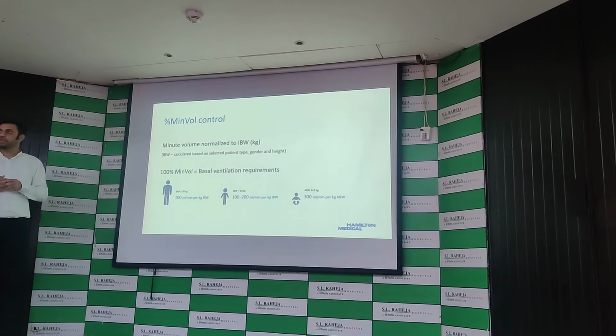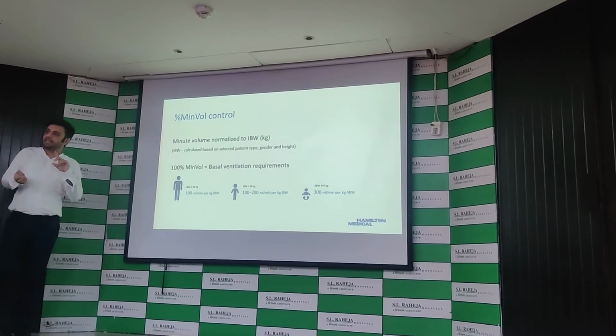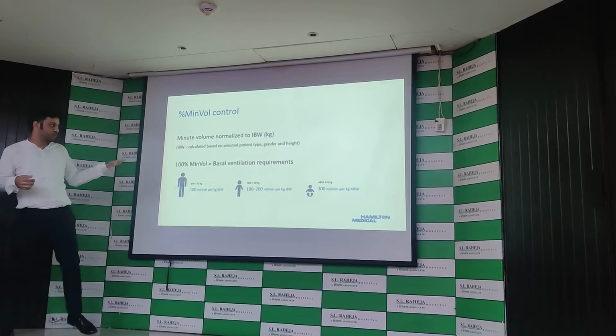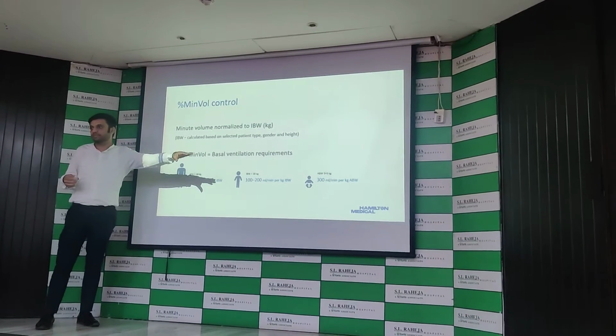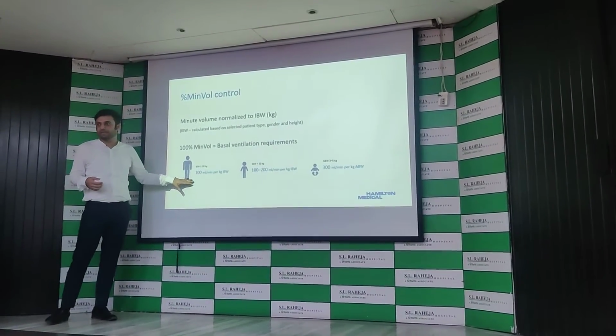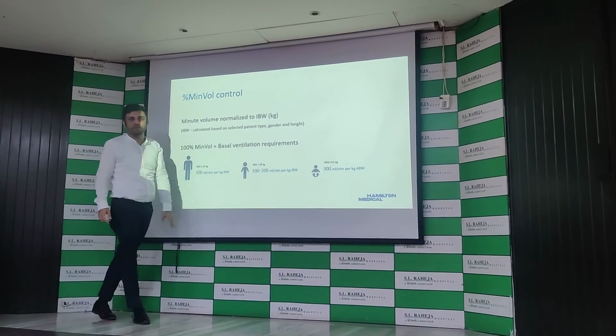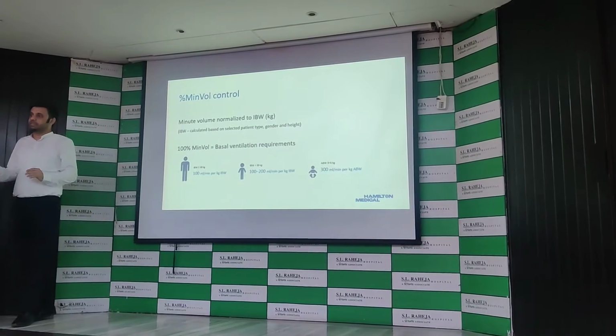That is set by the ventilator. And exactly as I explained regarding the coefficient, all the coefficients are set for adult, pediatric and neonate in the algorithm. So 0.1 is for adults, 0.3 is for pediatrics, and 0.5 is for neonates.